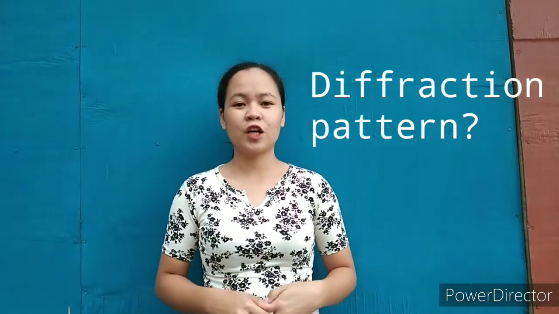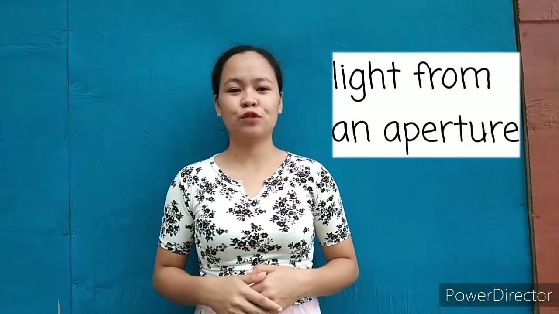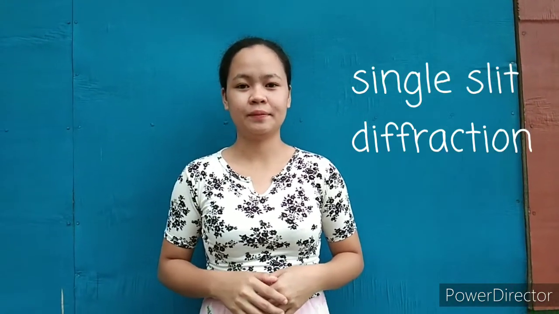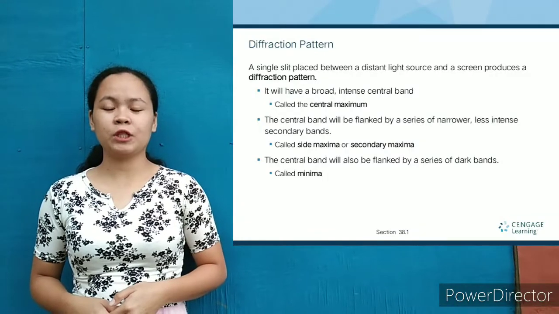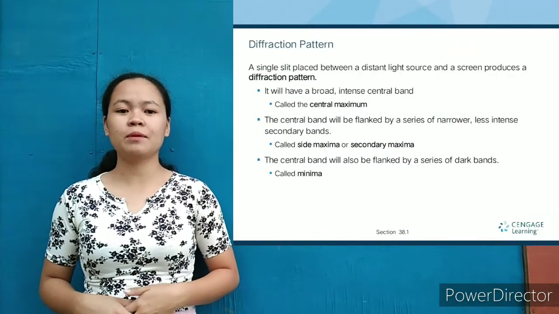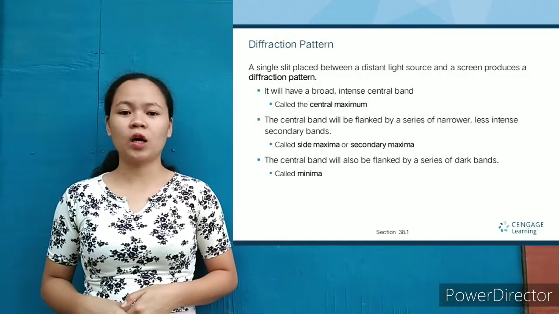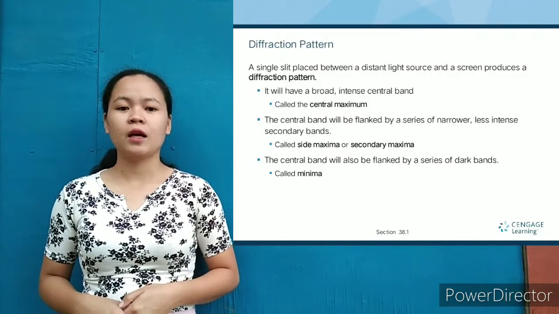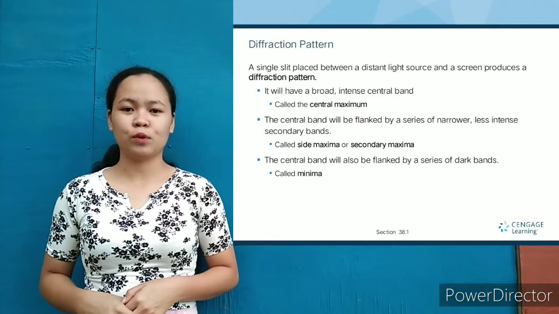So now, what is a diffraction pattern? A diffraction pattern occurs when the light from an aperture is allowed to fall on a screen. It also relates to single slit diffraction. A single slit placed between a distant light source and a screen produces a diffraction pattern. It will have a broad, intense central band called the central maximum.